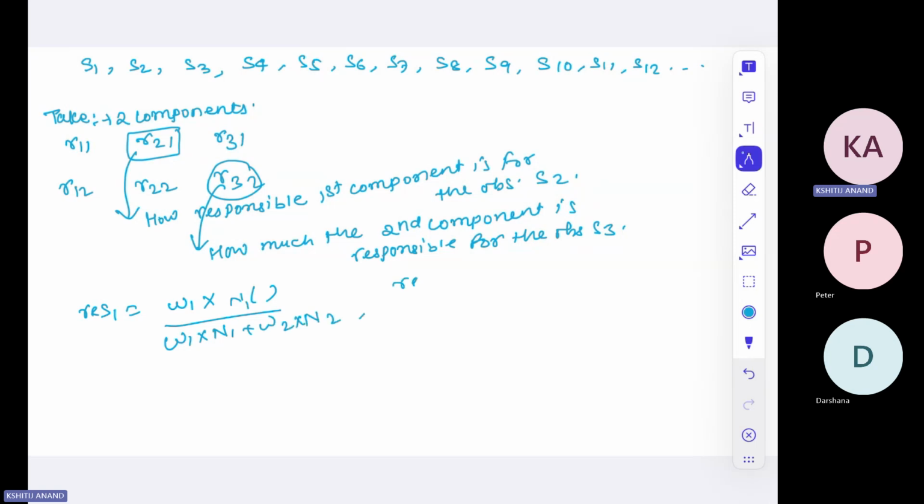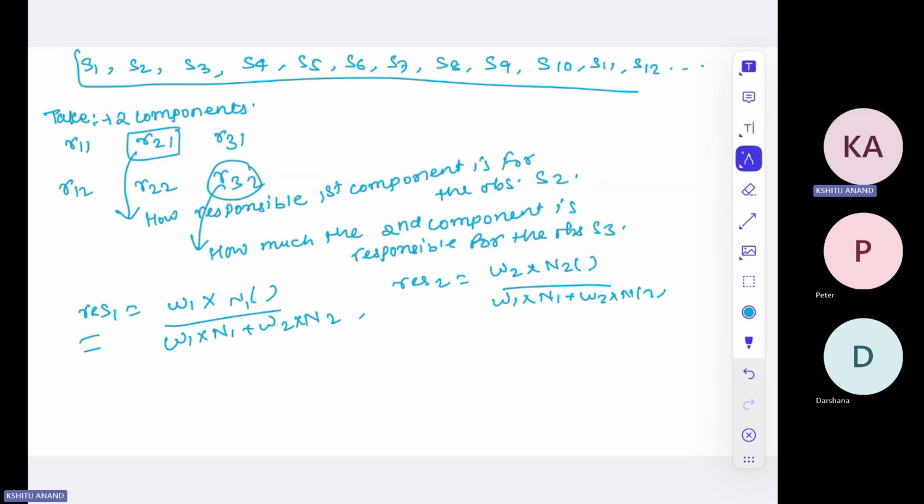And similarly, res2 will be weight 2 into n2 divided by weight 1 into n1 plus weight 2 into n2. The size of res1 will be whatever the number of observations is. For example, if you have p observations, its size will be p cross 1, and similarly res2 will have p cross 1. So this was all about responsibility.